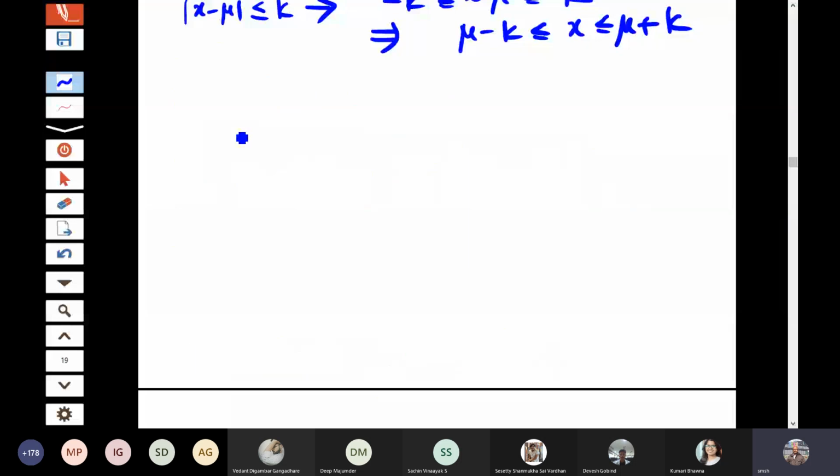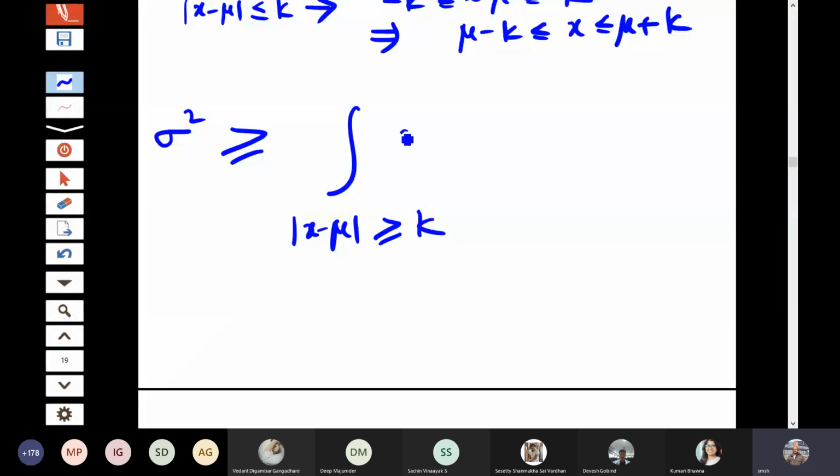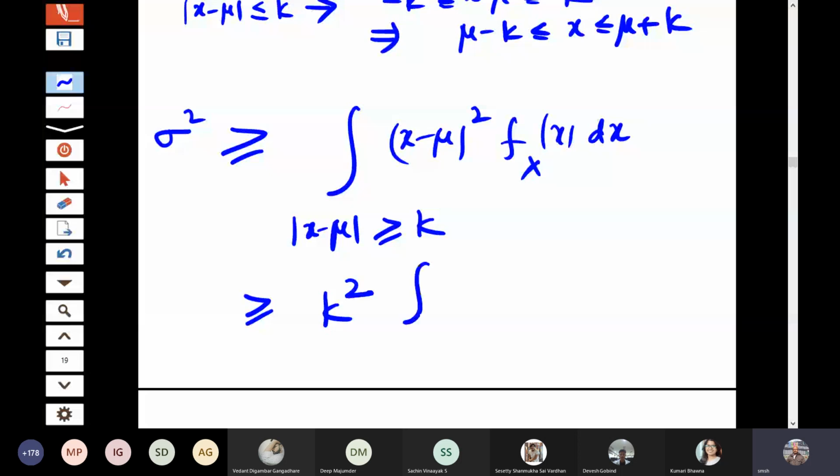So this integral, that is sigma square, will become greater than or equal to the integral over mod of x minus mu greater than or equal to k of x minus mu square f(x) dx. Now over this region x minus mu square is greater than or equal to k square, so I can substitute that value. So it is greater than or equal to k square times the integral over mod of x minus mu greater than or equal to k of f(x) dx.